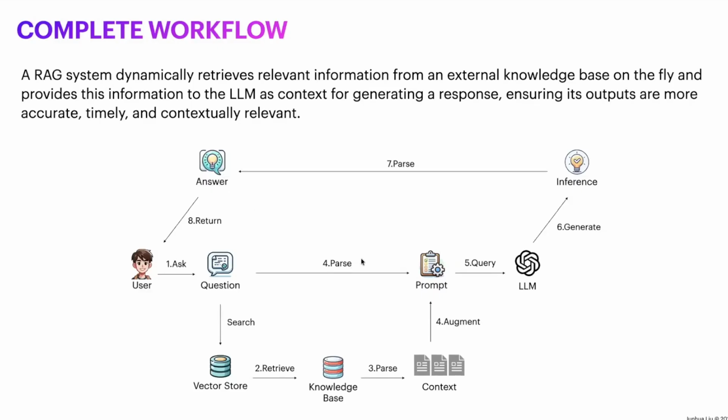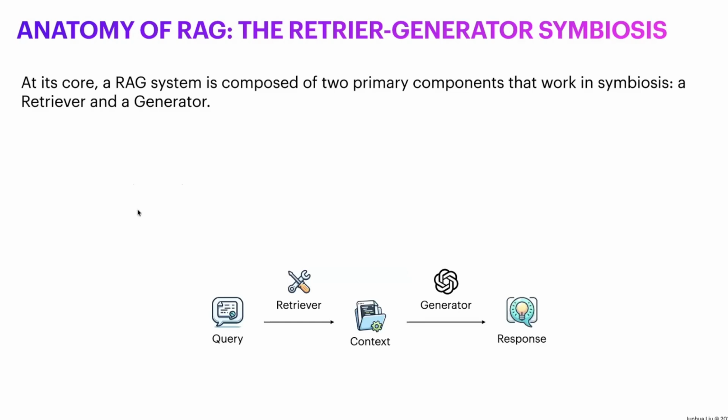A RAG system dynamically retrieves relevant information from an external knowledge base on the fly and provides this information to the large language model as context for generating a response, ensuring its outputs are more accurate, timely, and contextually relevant. At its core, a RAG system is composed of two primary components that work in symbiosis: the retriever and the generator.